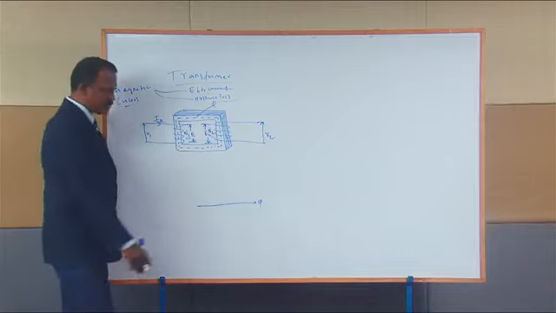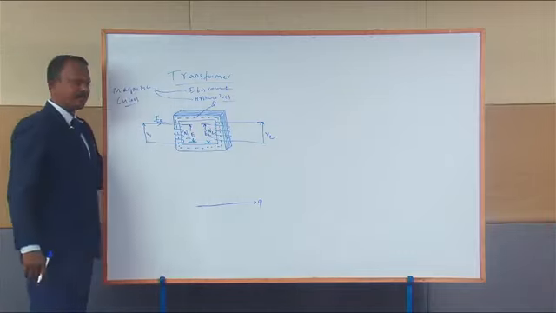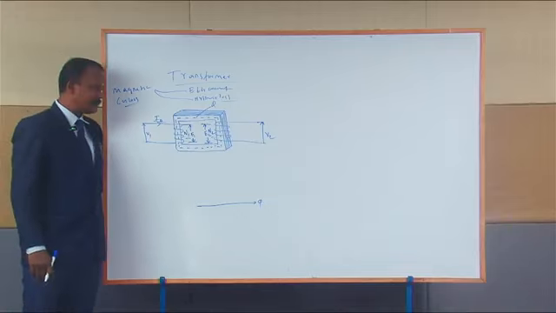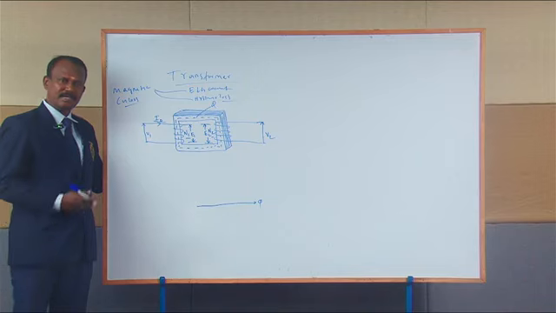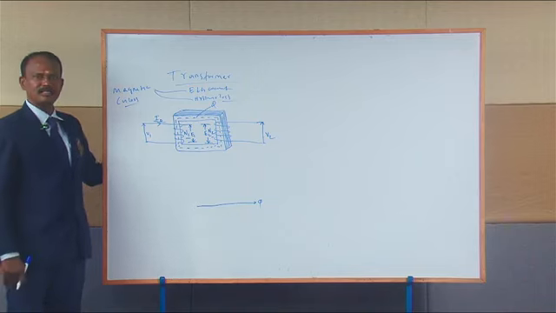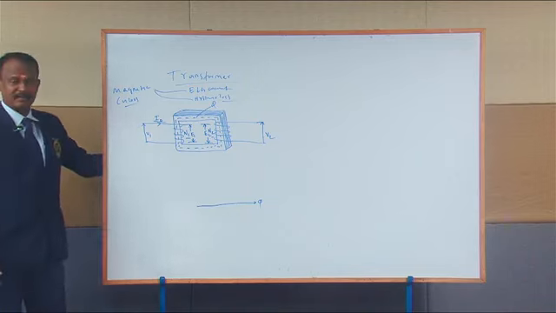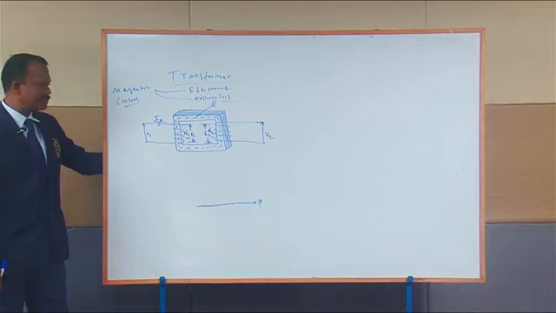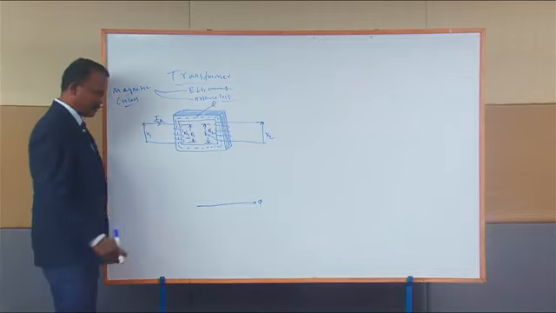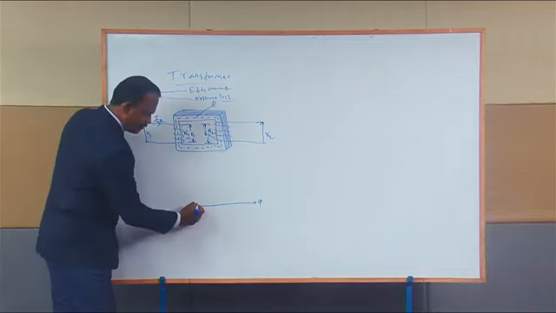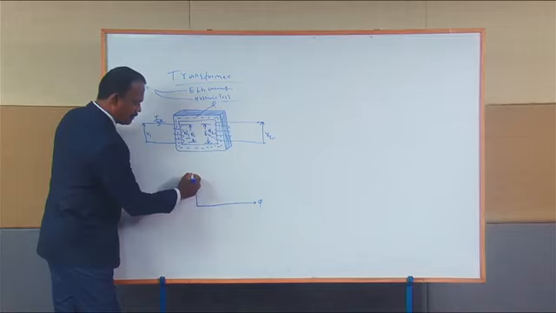When this is my flux line phi, definitely the EMF induced in the primary coil is lagging behind the actual flux by an angle of 90 degrees. If you assume that it is only the inductive coil, the effect of resistance is going to be very small. Then I can draw a phasor, and I call this E1.